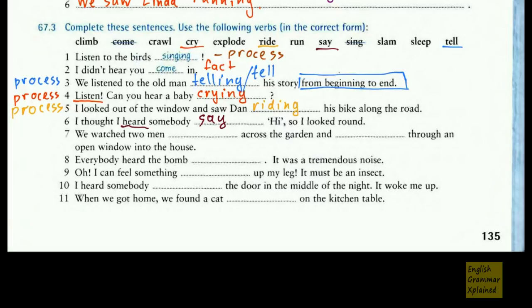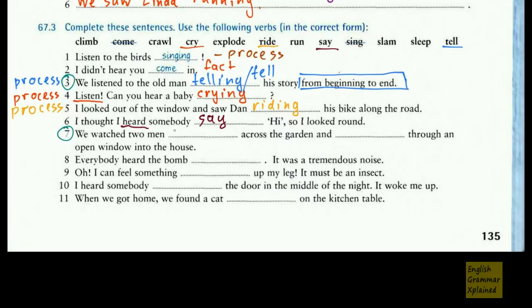Returning to number 7. We watched 2 men running or run across the garden and climbing through an open window in the house. Here is the same situation as in number 3. Here we can say about process, but it can also be a fact.